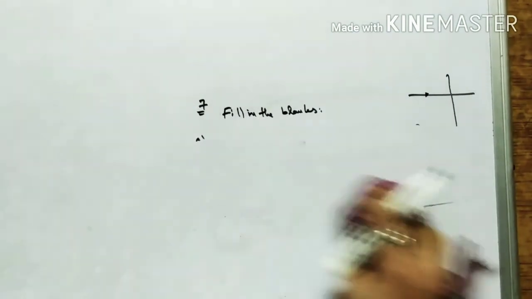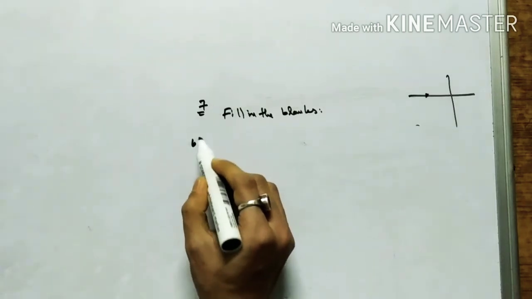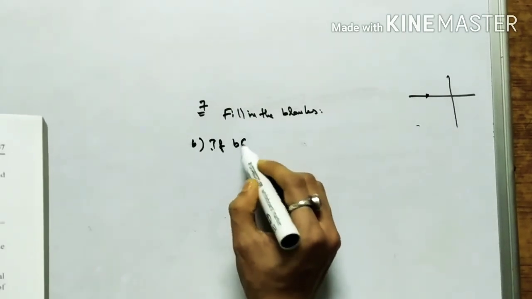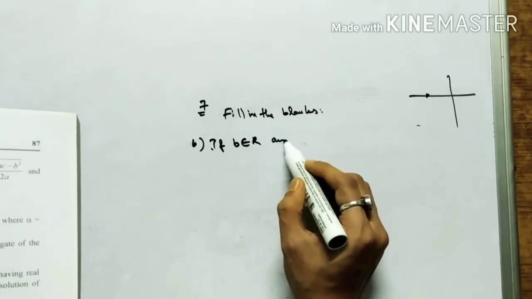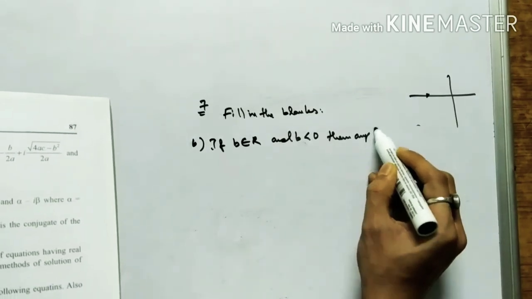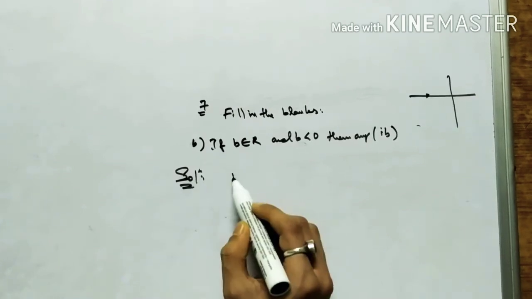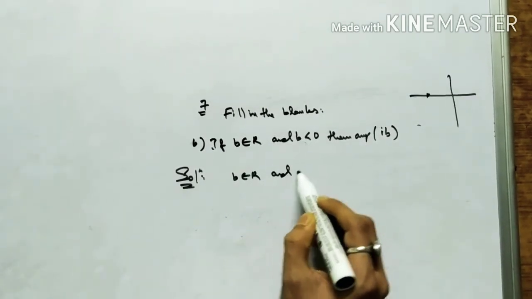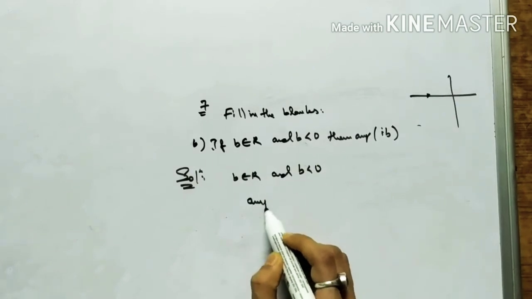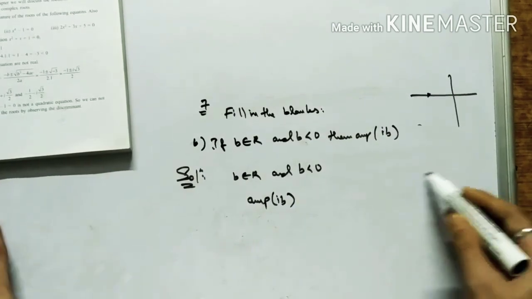Next is part B. If B belongs to R and B is less than 0, then find the amplitude of iB.